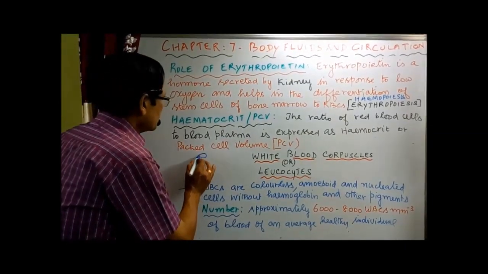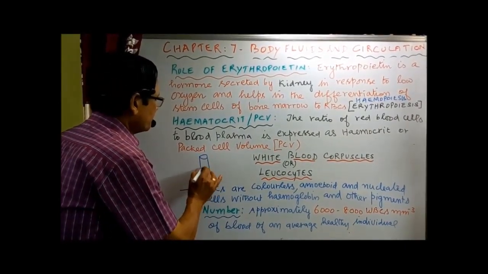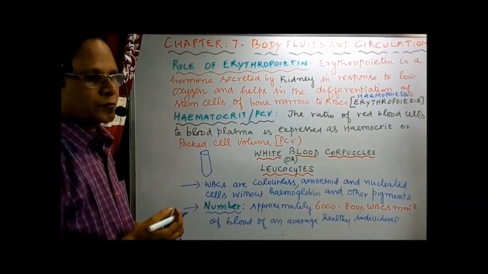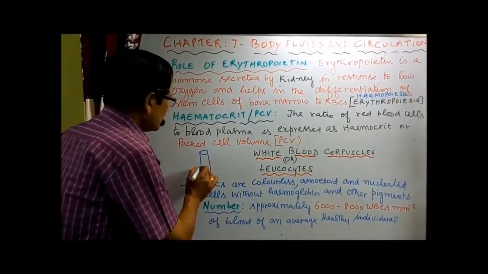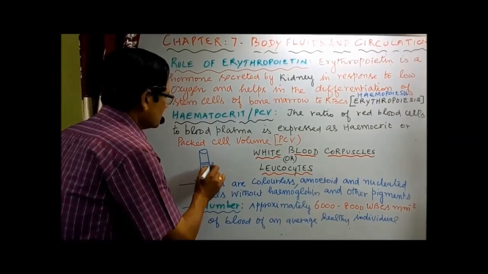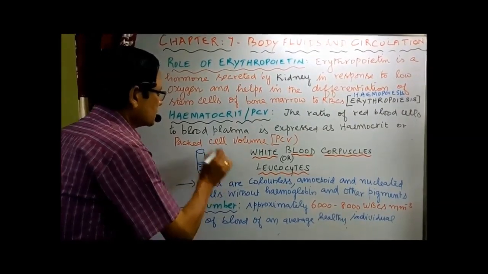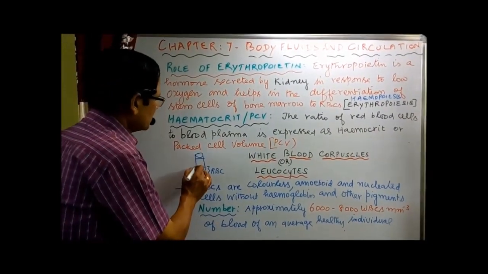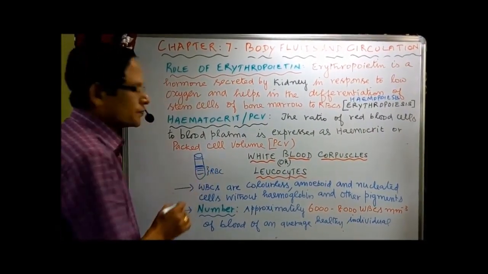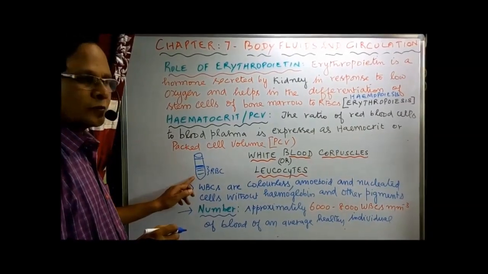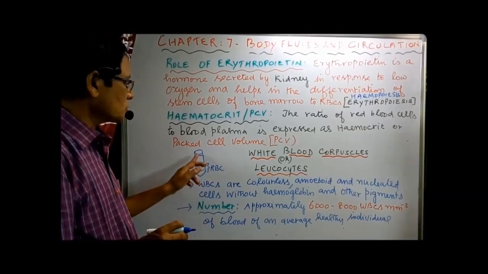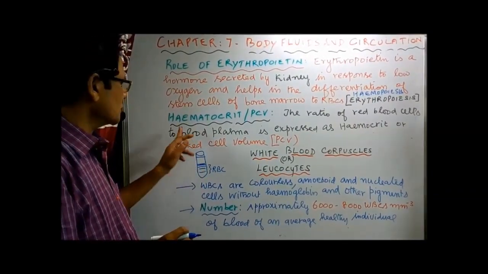If you take blood in a test tube and centrifuge it, the RBCs settle. Above them we have the plasma, and also other cells in a low concentration. Here we are taking the RBC as volume. So the ratio between the volume of RBC to the total volume of blood plasma is called hematocrit.